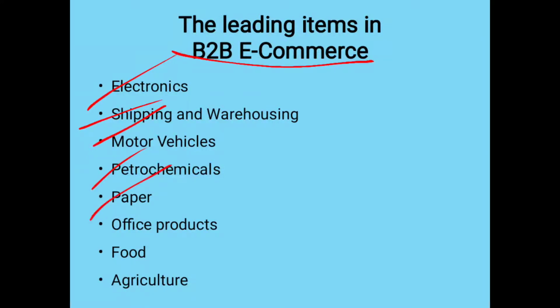Petrochemicals are there, paper industries are there, office products are there, stationery and other products. Then food items, even the food items are connected. Now for example a restaurant may have a website to all suppliers, for the supplying items that are required for their preparation of the food. Then agriculture, so even in agriculture the farmers, producers may have a direct contact.